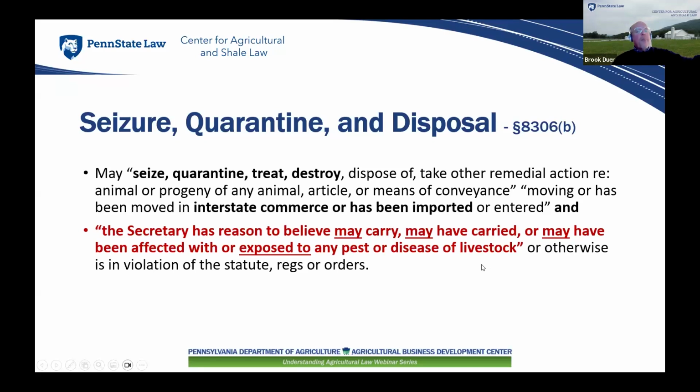So again, compare that to the secretary's broad discretion to determine what's necessary, and then you have a very flexible, looser, in comparative terms, standard here that the secretary has reason to believe that something may have qualified for regulatory intervention. So again, these are broad powers because they kind of have to be.